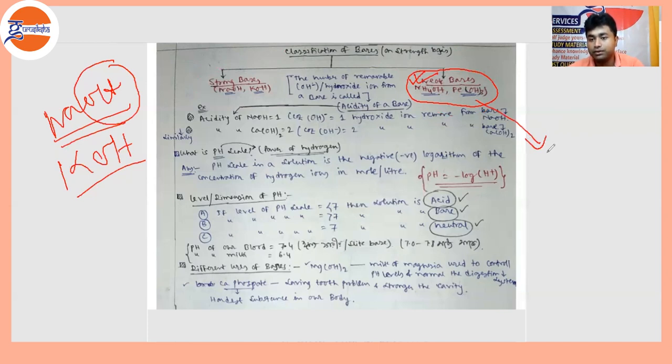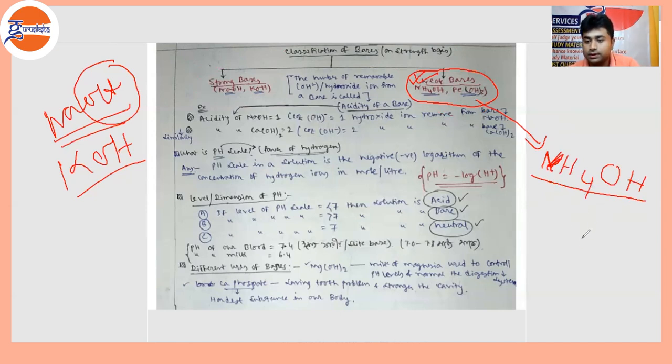The first example of weak base is NH4OH. So how can you represent NH4OH in a chemical form?